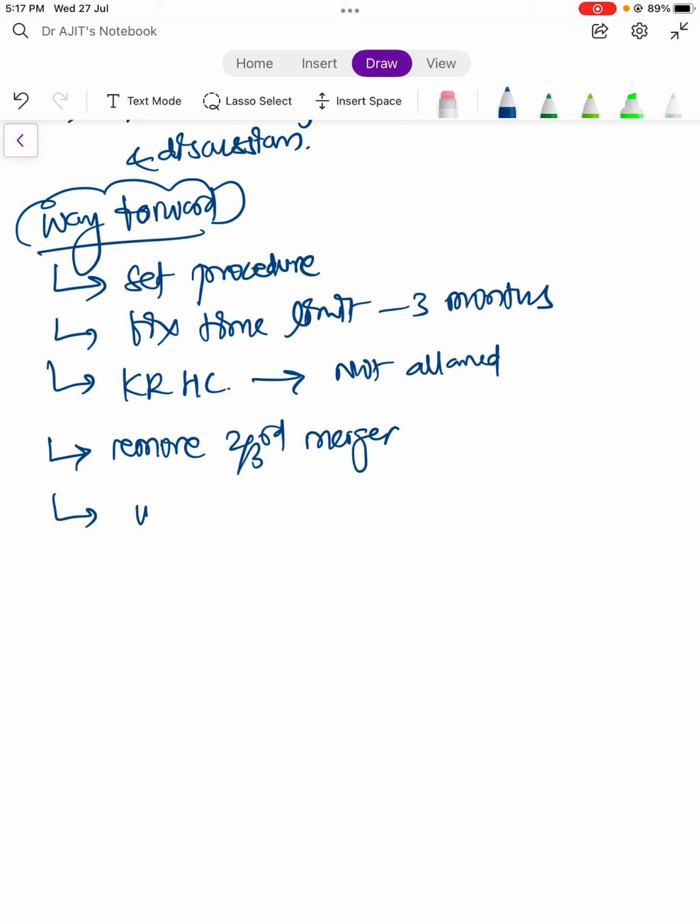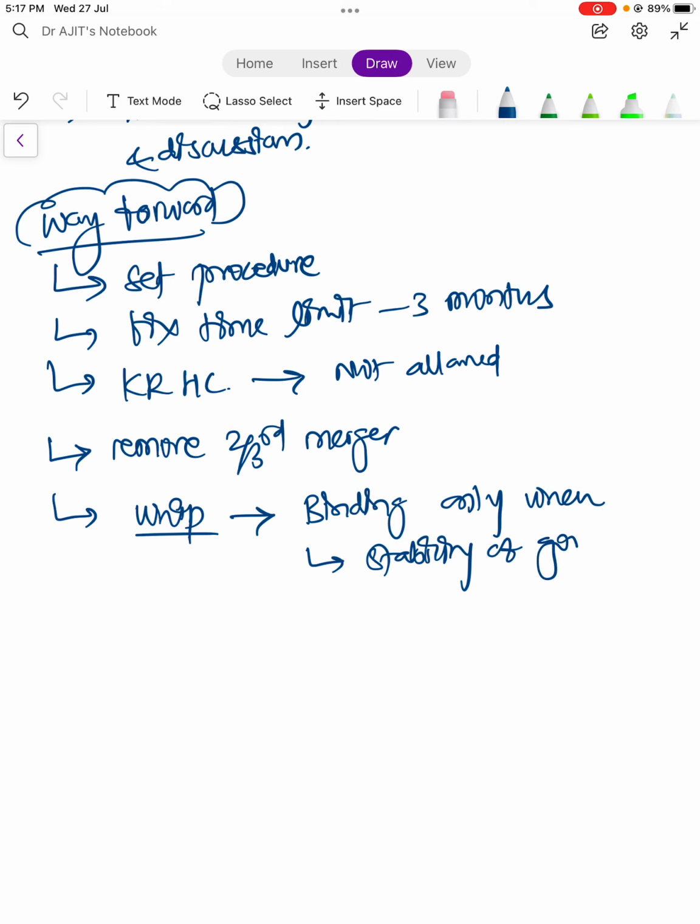Then again, the whip. The power of the whip should be binding only when there is an issue of stability of government, so when it is a no confidence motion or money bill. It should be binding only in this case, the whip, right?